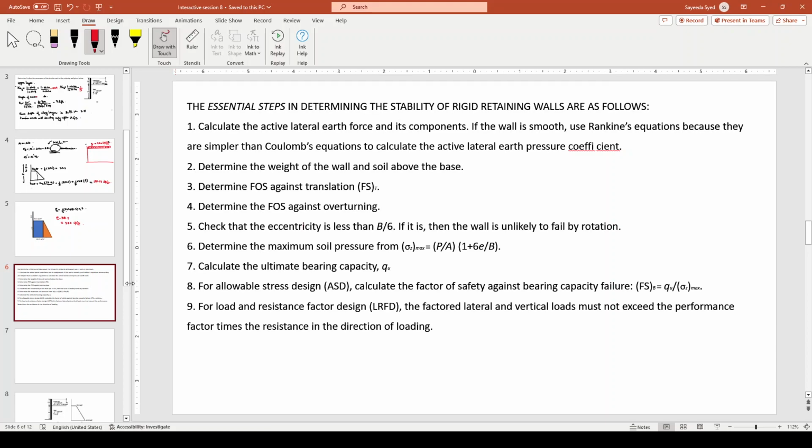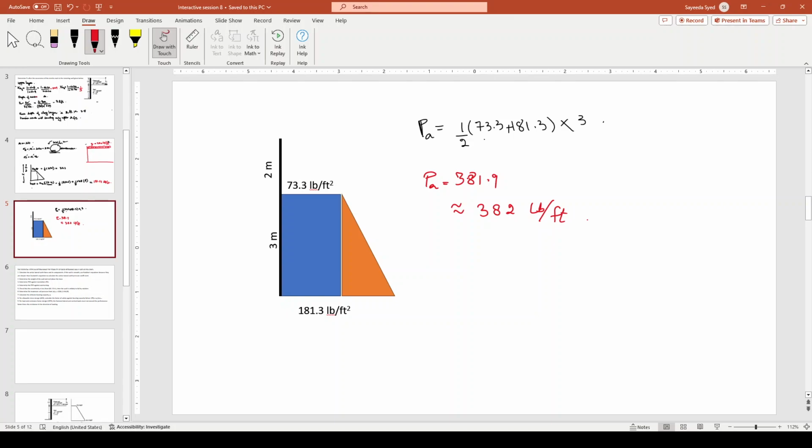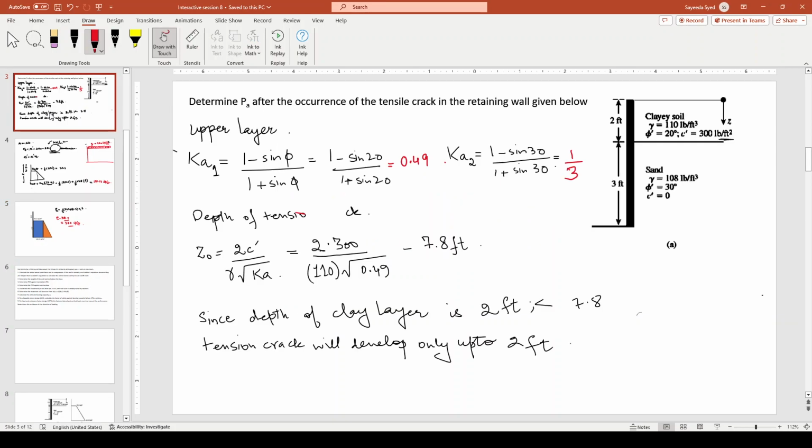That is the question. We answered the question. This is what was asked here. Determine PA after the occurrence of tensile crack in the retaining wall. Is that fine, Vanita?